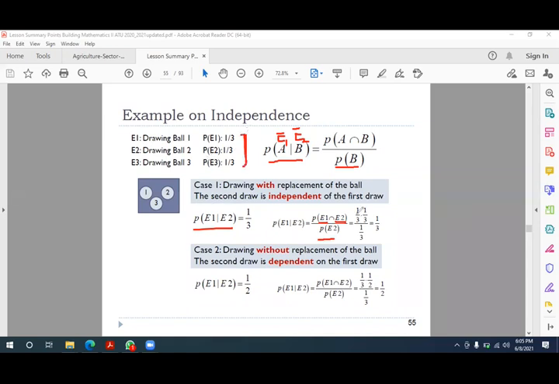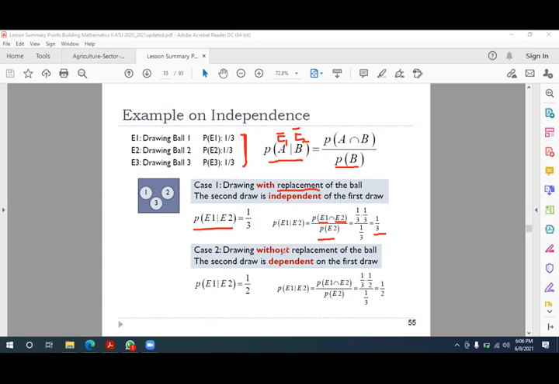So because we are drawing with replacement, anytime we are using replacement, it means we have independence. If we have independence, then the probability of the joint event is just the product of their probabilities. So it will be 1/3 times 1/3, like we found in the previous slide. Then divided by the probability of E2, which will be 1/3. And when we do that simplification, you get the total probability to be 1/3.